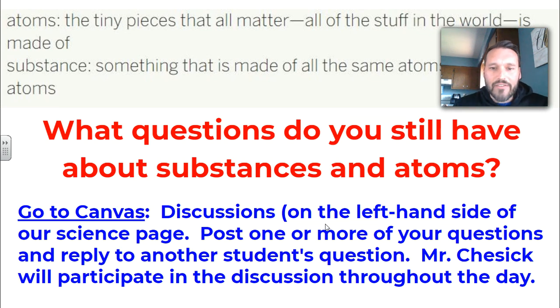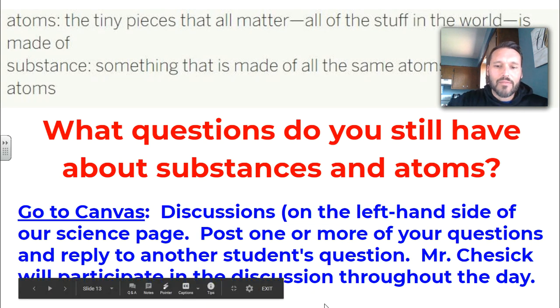Okay, go to Canvas. I'm going to show you where to go. I'd like you to post 1 or more of your questions, and I'd like this to take the place of activity 3 so that we can have student-to-student discussions with posts.